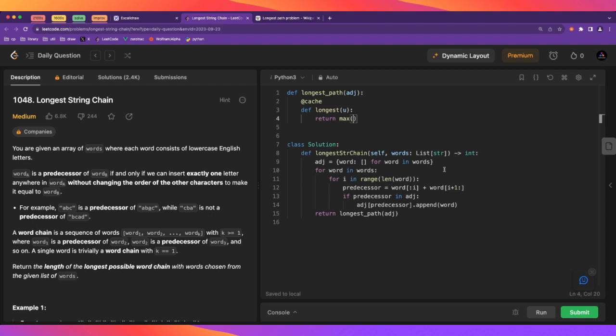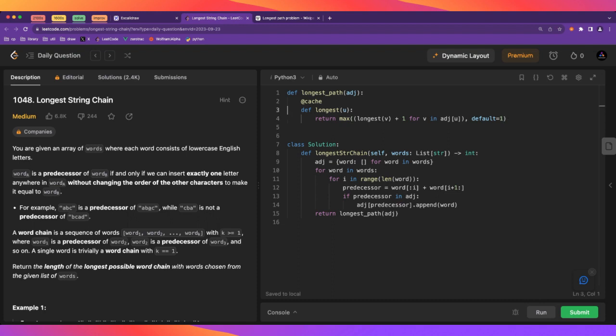It's going to be the maximum for all the adjacent nodes in u, and we call recursively, and we add 1 because we need to add node u, and there is the possibility that u doesn't have any successor, and in that case we default to 1. We only count u.